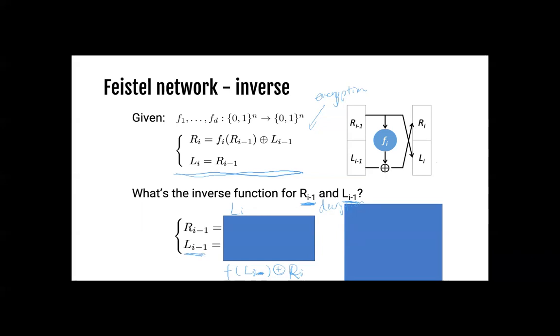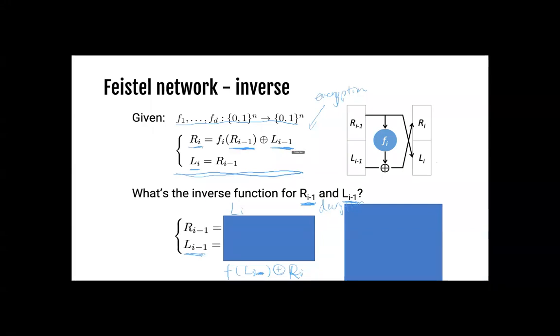Okay, so I saw some of you are still confused. Let me explain this. The question here is, if you are given a one-way function, and you know how Ri and Li are calculated given Ri minus 1 and Li minus 1, let me just write here.